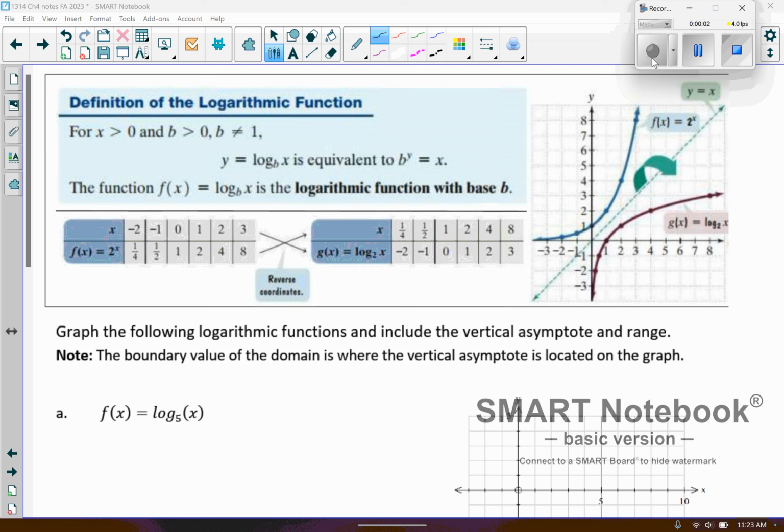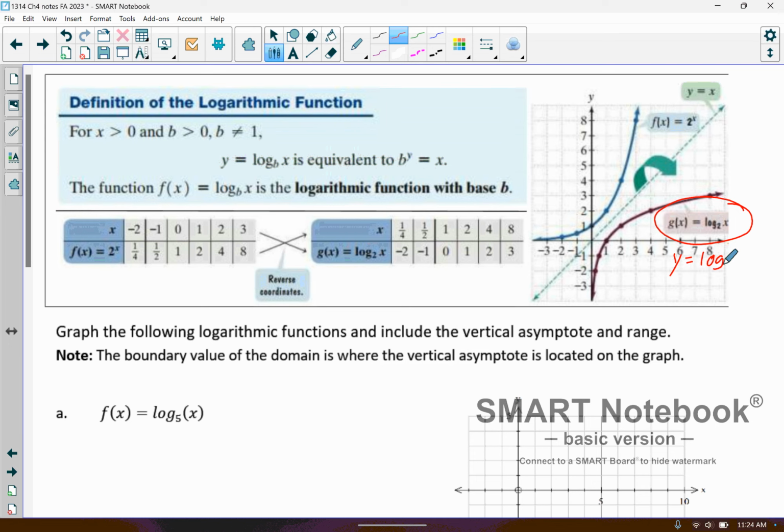Okay, now we're at the point where we're ready to graph these logarithmic functions. What's already been mentioned is that the logarithmic function is just the inverse of an exponential function, or vice versa. If we look at our logarithmic function right here, that's the same thing as y equals log base 2 of x.